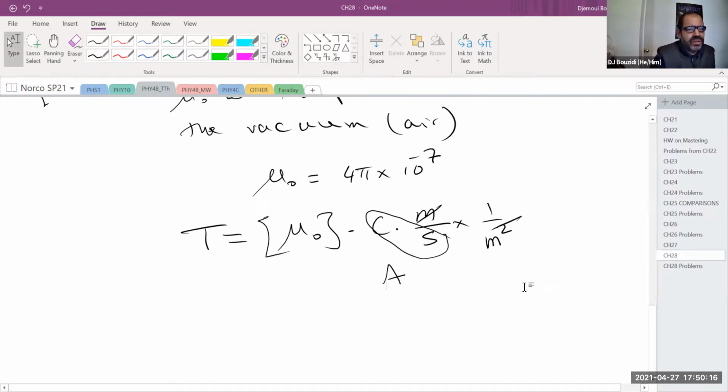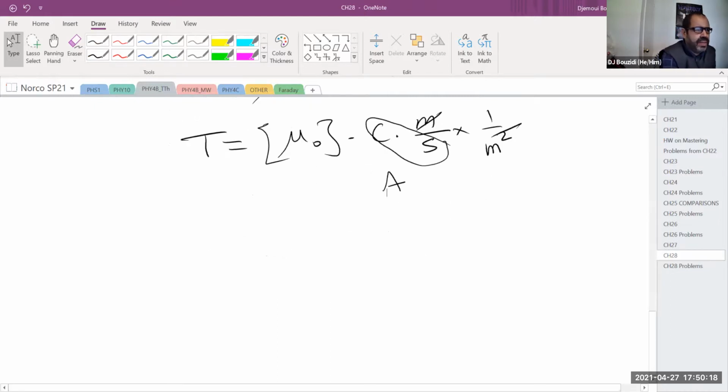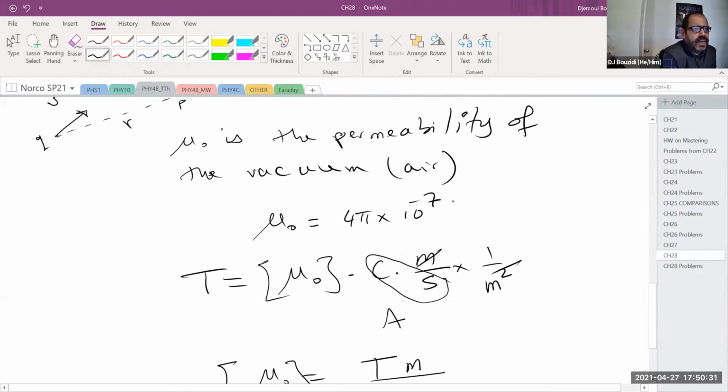So that to express everything in terms of SI. So the units for mu naught will turn out to be Tesla times a meter divided by an amp, because the meter will go up and multiply. So the units for it are in Tesla meter per ampere. So this is the units for mu naught, and this number is very, very tiny.